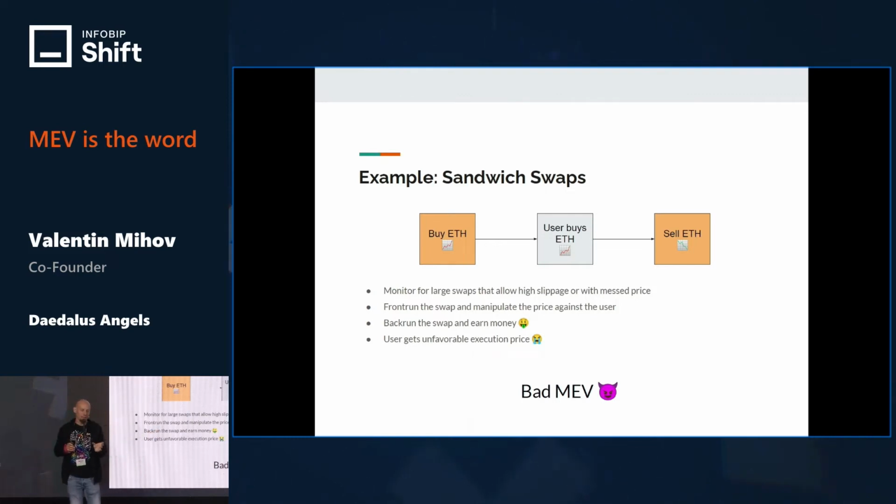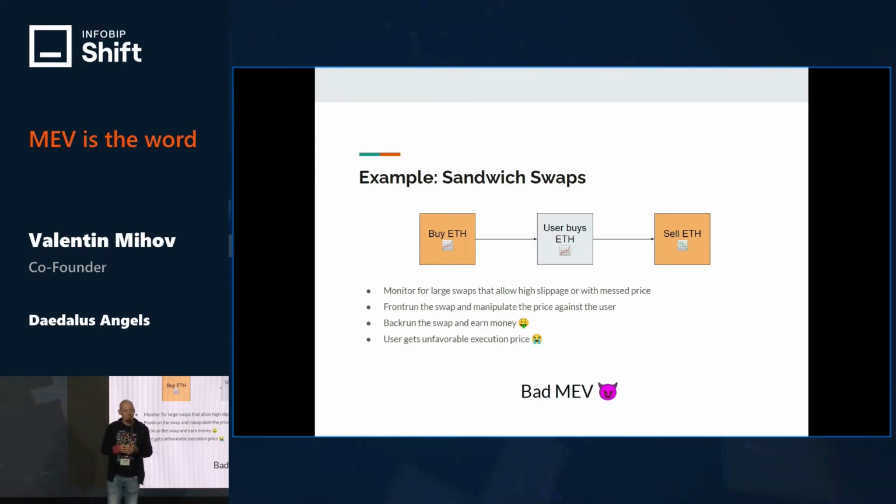So what's happening is that when you buy the ETH, then the user is going to get a worse price. The price of ETH is going to be higher, so he's going to buy at a bigger price, and then when you sell it, you're going to sell it at a bigger price compared to what you bought it for. So in this case, you extract value out of the user because he's getting a worse price.